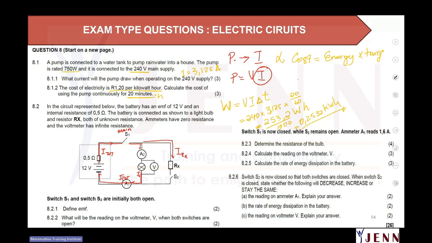Then you take this energy and multiply it by 1,2, which is the tariff, and that will give you the cost. The cost becomes 0,30, so 30 cents. That will be 30 cents to operate it.